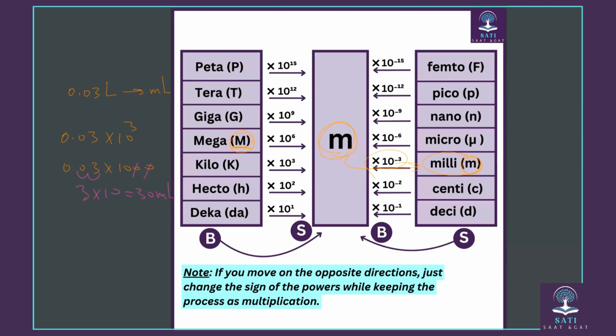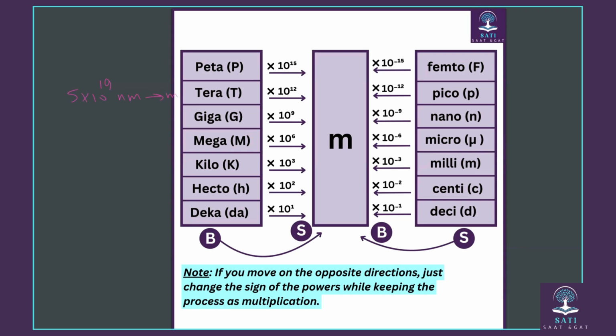So to convert from any unit to another, you just need to memorize these ones here. Okay, another example. If I tell you I have 5 times 10 to the power of 19 nanometer, and I want to change it into meter.